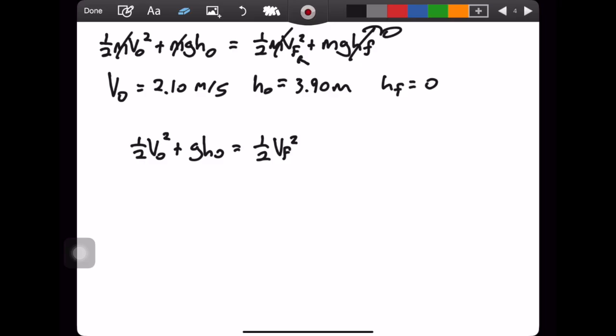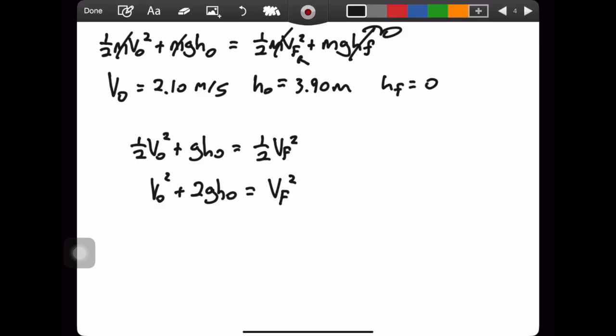And we want to solve for v final squared. So I'm going to multiply each term by 2. 1/2 times 2 is 1, so you'd have v naught squared, plus 2g h naught, equals v final squared, where 1/2 multiplied by 2 is 1.